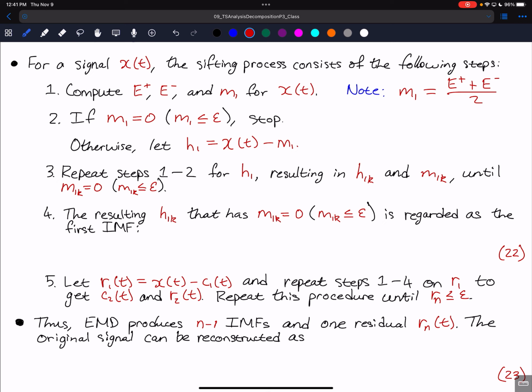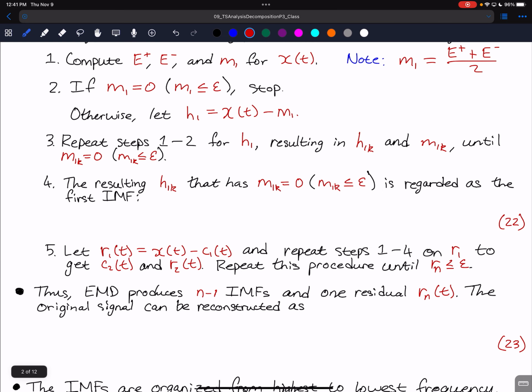So once we've repeated these steps and extracted an H1k that has this mean value of 0 as defined by the envelopes, we will then call that the first IMF, and generally IMFs are represented with a C, so C1 of t will be equal to H1k of t.